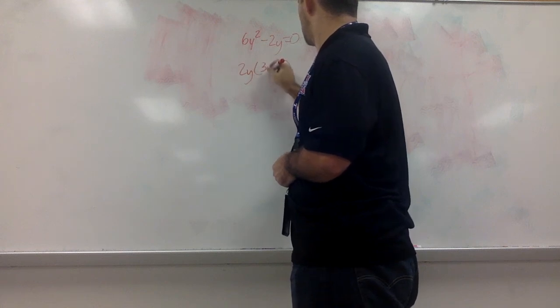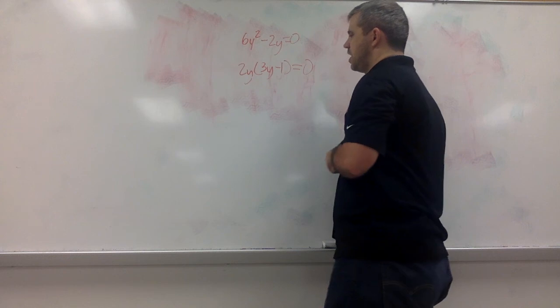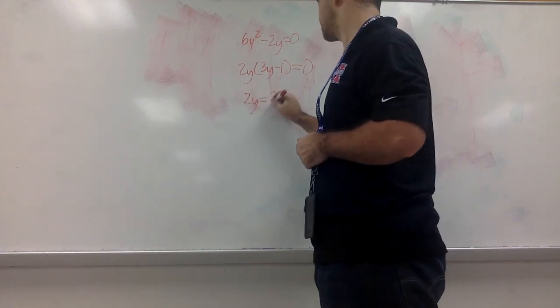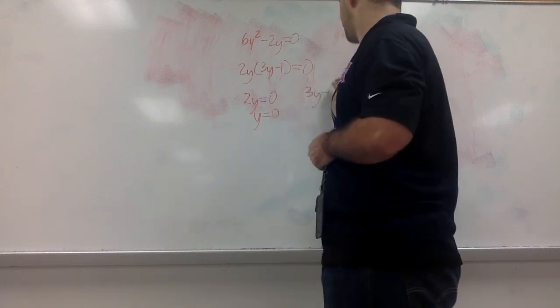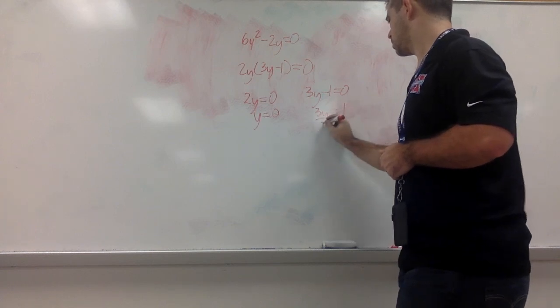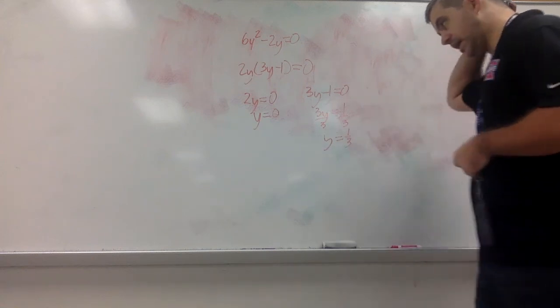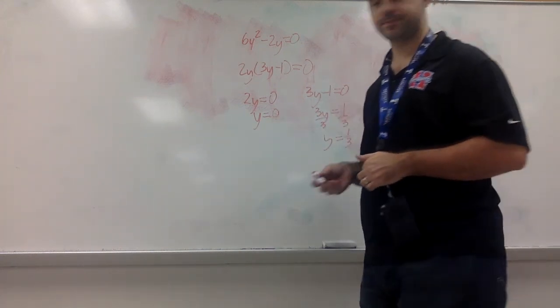So I get 3y minus 1. So that means both of these factors could possibly equal 0. So 2y equals 0. 3y minus 1 equals 0. So we get y can equal 0 or y can equal 1/3.